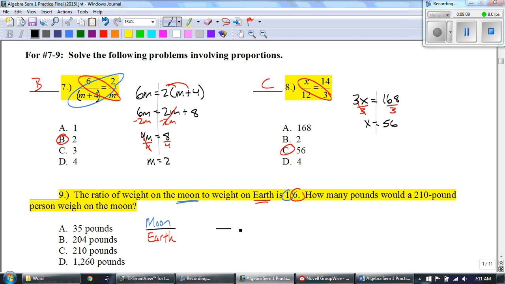When we set two ratios equal to each other, we get a proportion. They talk about the 1 first, that's our moon weight. And then the 6 is going to be the earth. How many pounds would a 210-pound person weigh on the moon? We don't know how much they weigh on the moon, but we know they weigh 210 pounds on Earth.